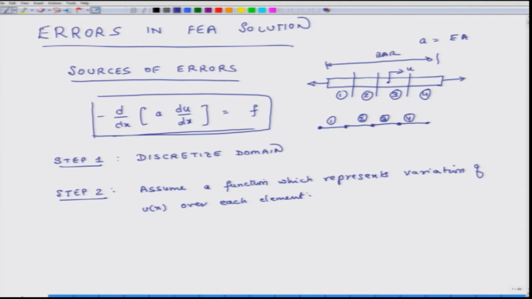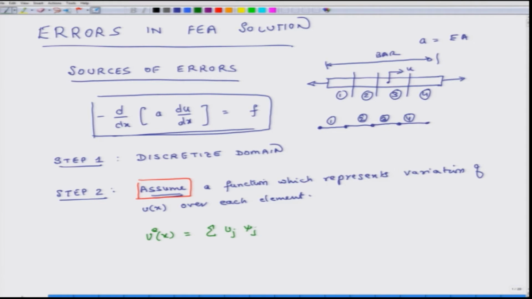This is where we have to assume something; this is an important thing, we have to assume a function. One assumption could be that for the eth element, u of x is the sum of u_j psi_j, with superscript e for the eth element.